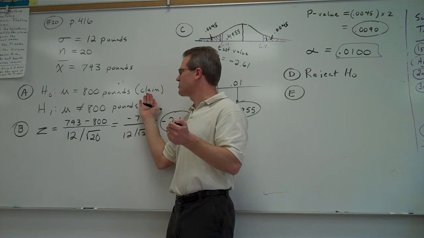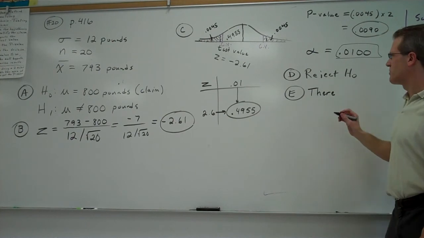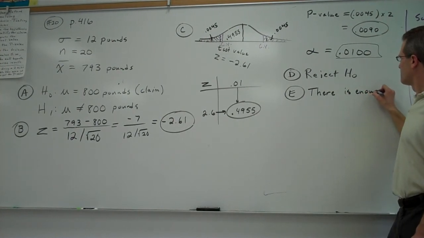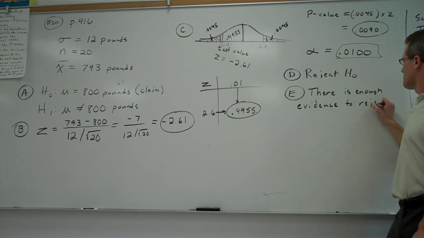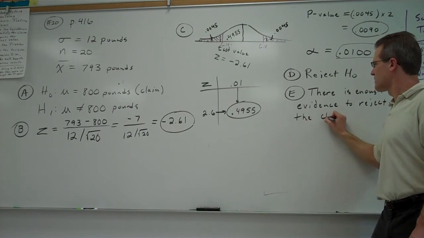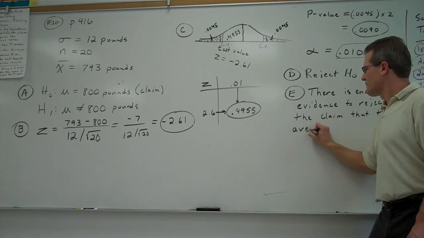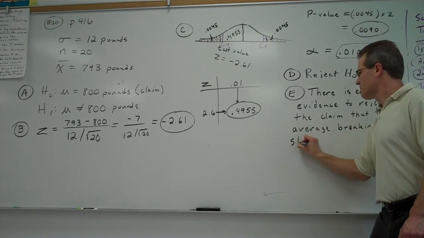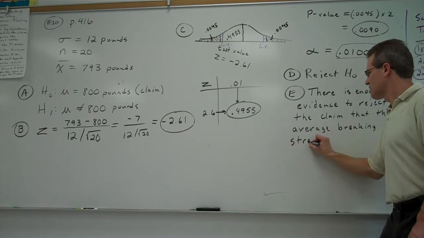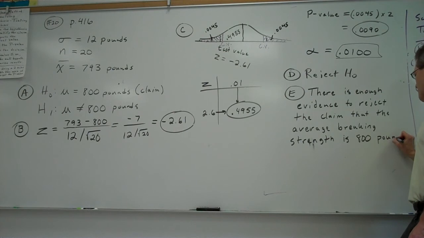So you'd say there's enough evidence to reject the claim that the average breaking strength is 800 pounds. There's enough evidence to reject the claim that the average breaking strength is 800 pounds.